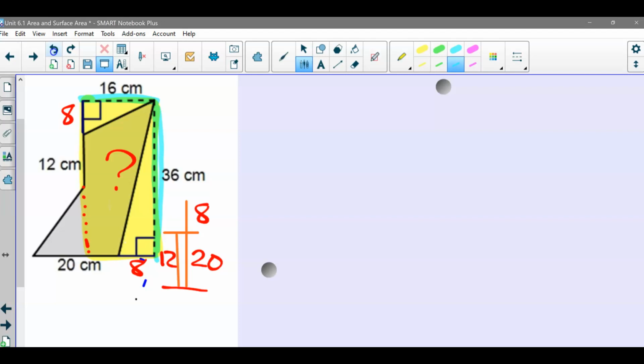Look at your notes. I do, but I don't know how much to subtract, so I have to figure out how much is filling up that section first. How do I figure that out?